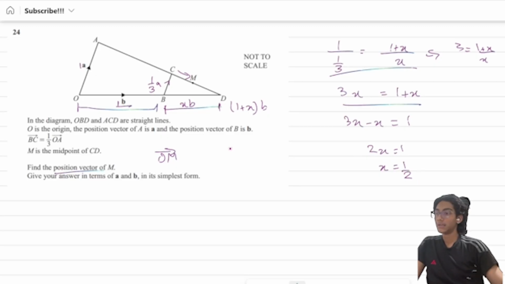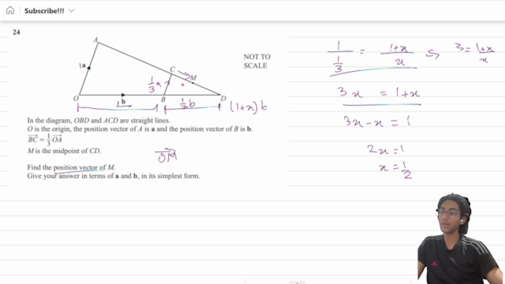All right? So this basically means that BD over here, which was XB originally, is 1 over 2B. Now what do we do with this information? We could calculate CD from here. How do we do that? Basically, to calculate a vector from one point to another point, you just need to find a way to get there.